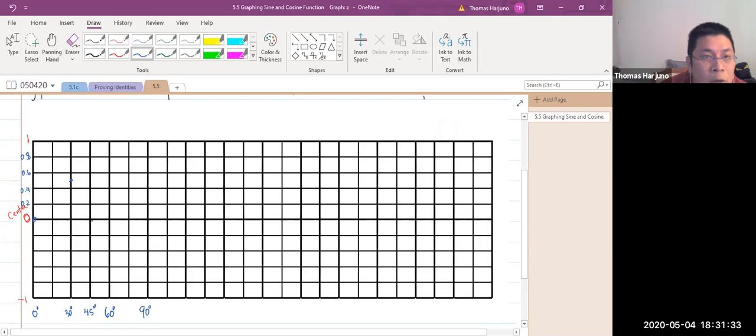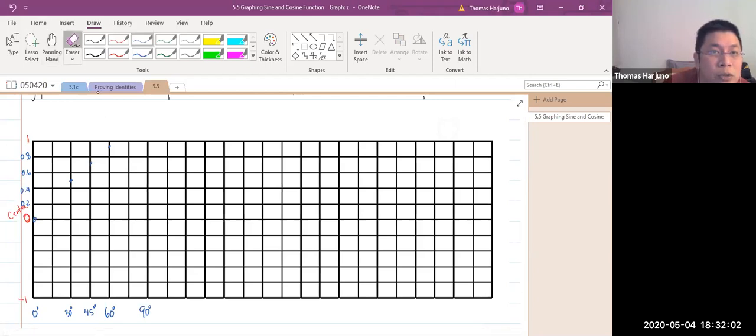And sine 45 degrees is 0.71 approximately here. Sine 60 degrees, 0.87 approximately here. This one is 0.71, so it's a bit high here. And then this is 0.87, and then 90 degrees here.